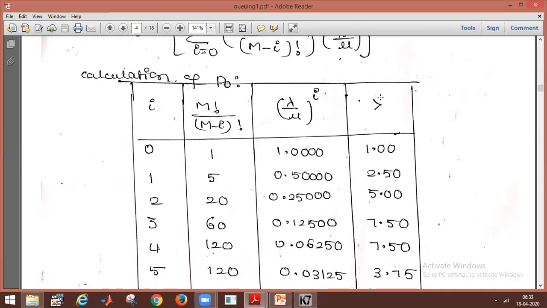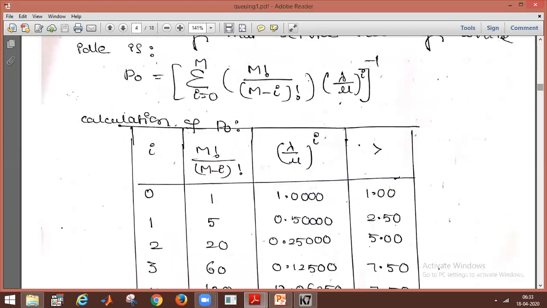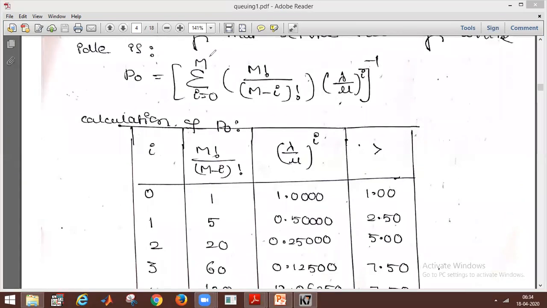So this factor is calculated, and this is the P naught value, the summation of m factorial by m minus I factorial into lambda by mu whole power I, whole power minus 1.